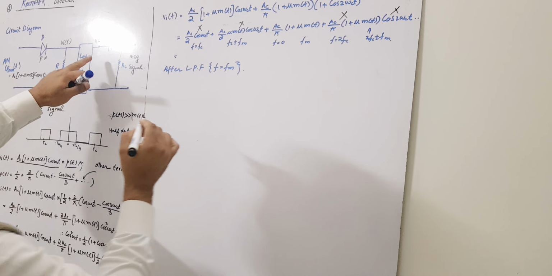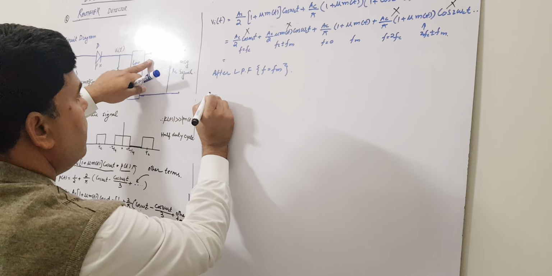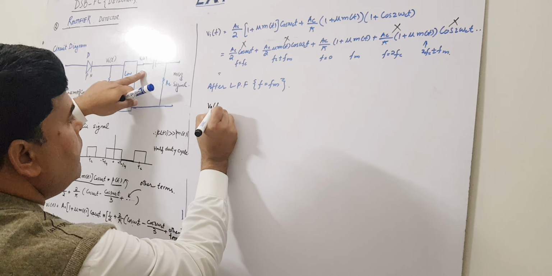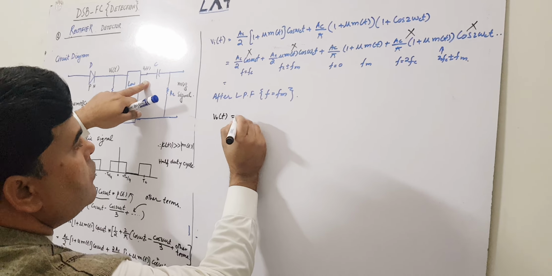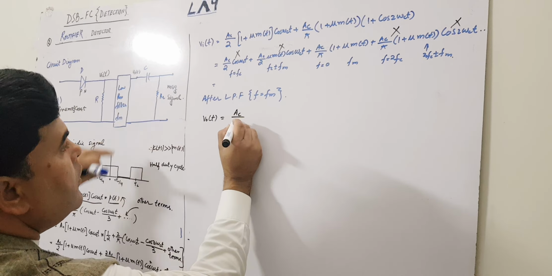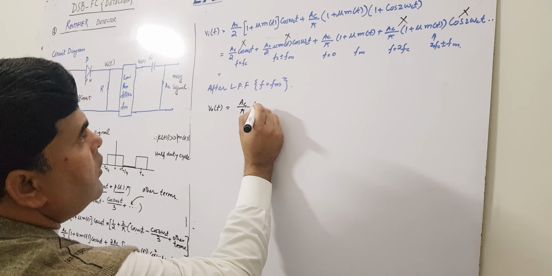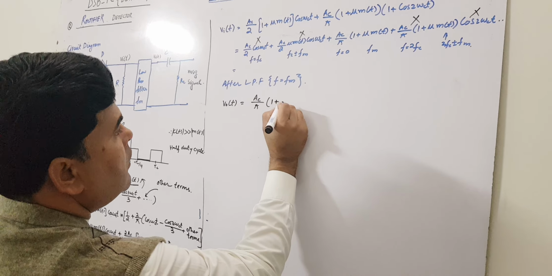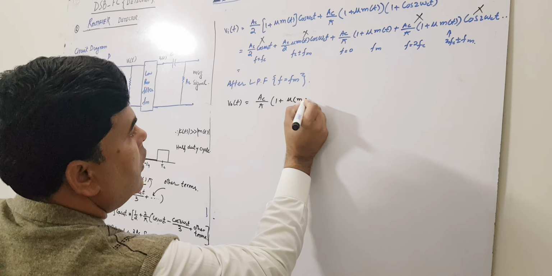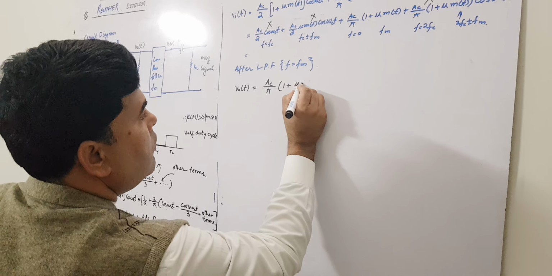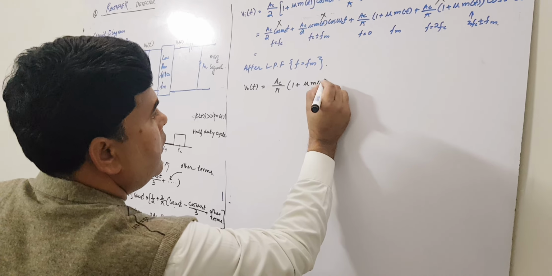So after the low pass filter you have Vo(t), which is equal to Ac upon pi (1 + mu m(t)).